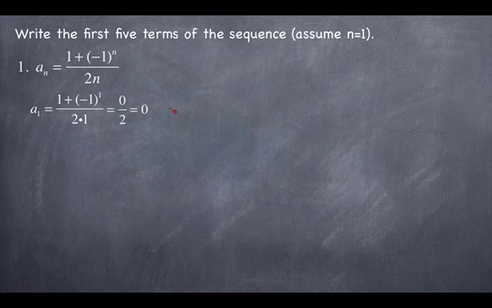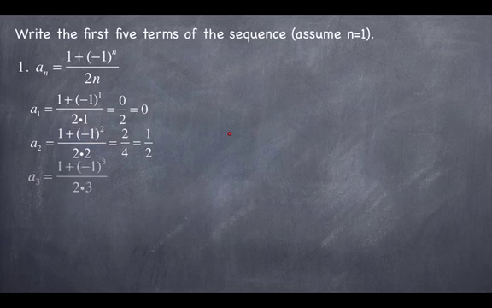Then you do the same thing for the second term. Now you let n equal 2. For n, substitute 2. You simplify, and you get 1/2. So this is your second term. The third term of the sequence is going to be the following after you simplify, which is 0 again.